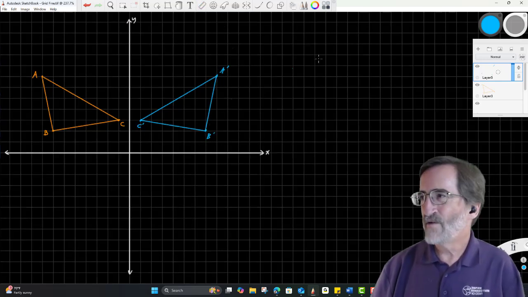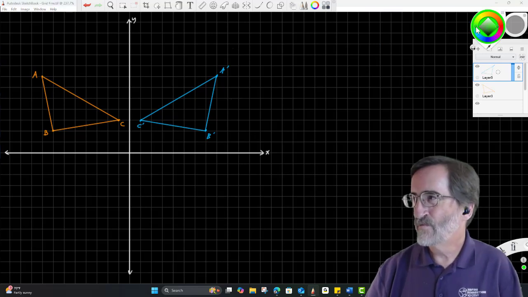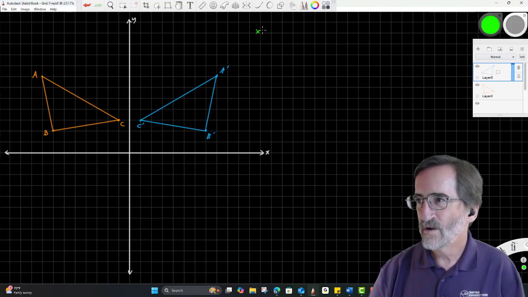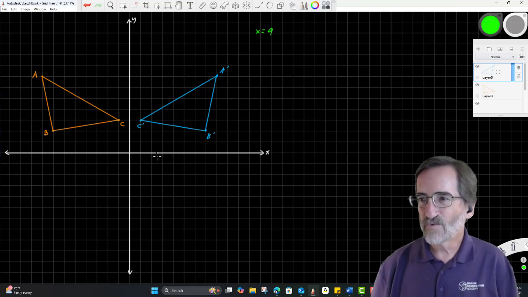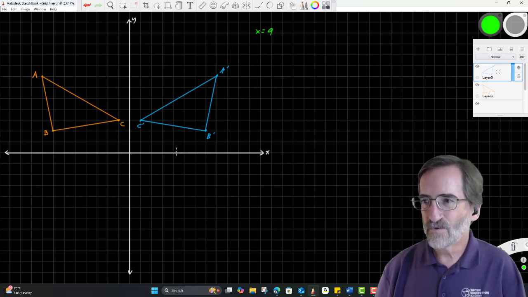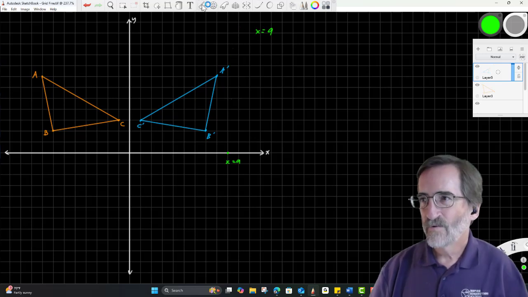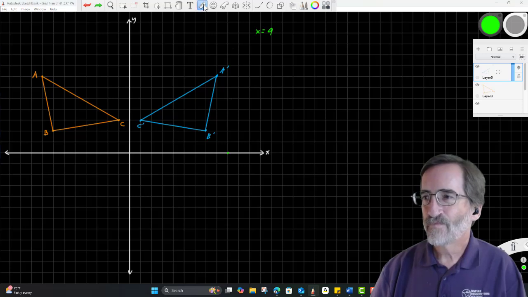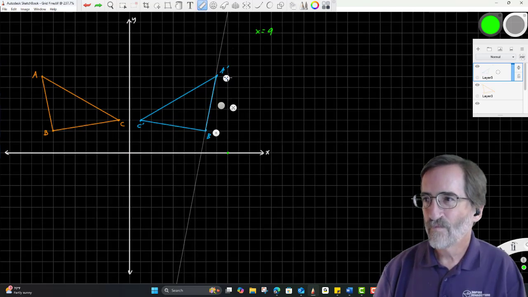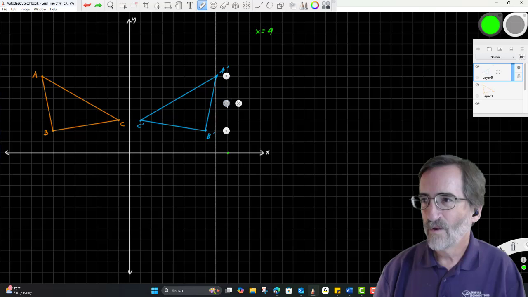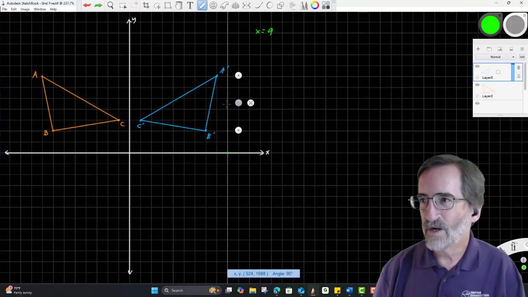Okay, now I'm going to graph the line x equals 9. To graph x equals 9, find 9 on the x-axis, 2, 4, 6, 8, 9, and draw a vertical line right there, at x equals 9.